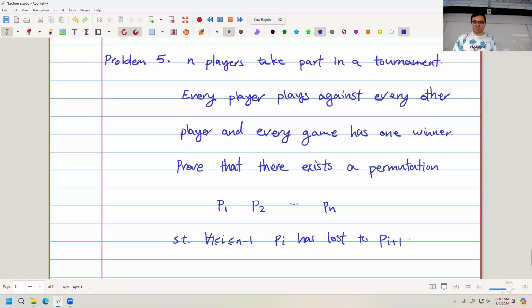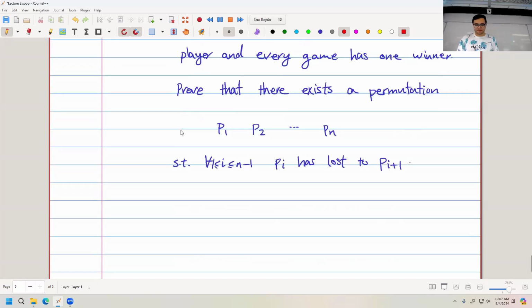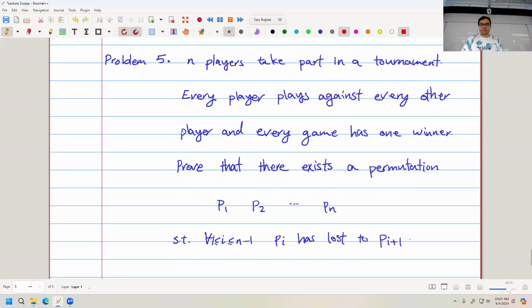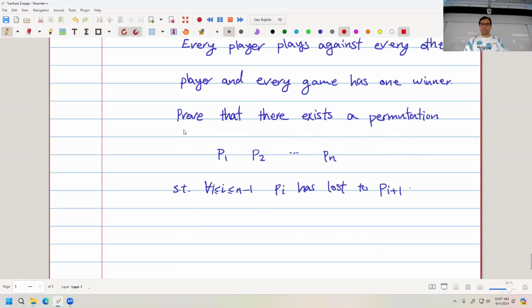Okay, let's prove it by induction. And we're doing induction on n. And we're going to start our base case from 1. Actually, I can also start with 0 here, because if I have no players, I have one way of putting the players in order, and that's the empty order.